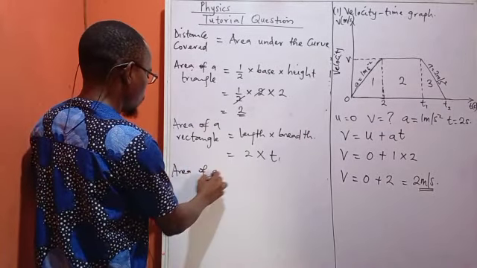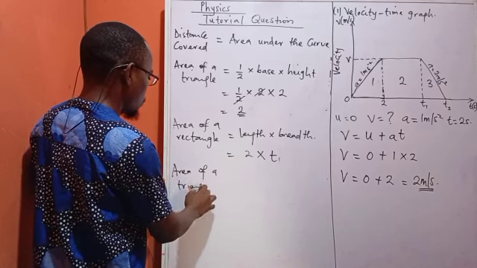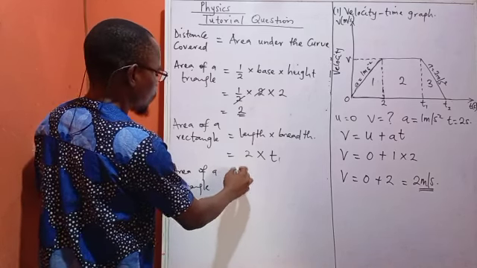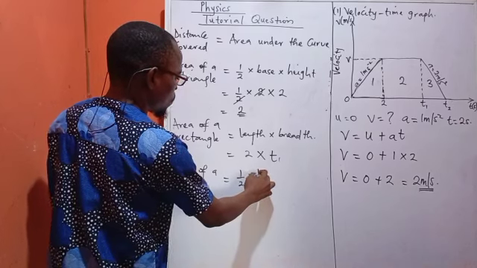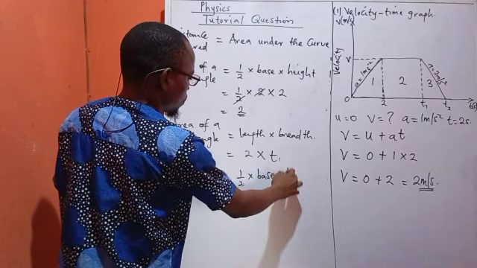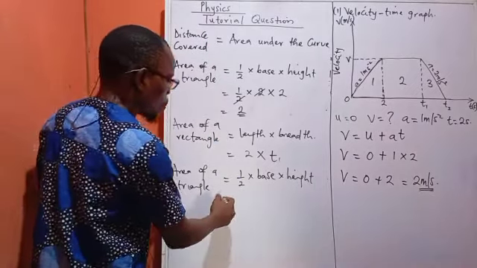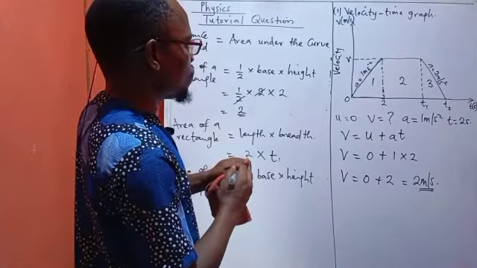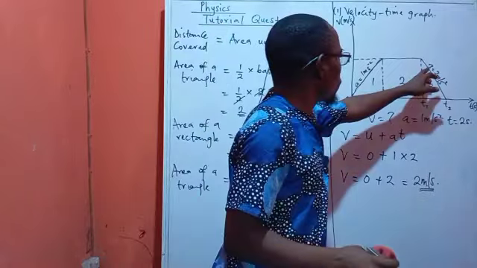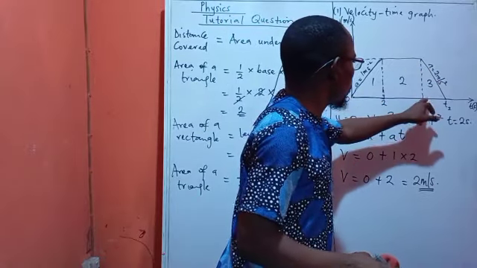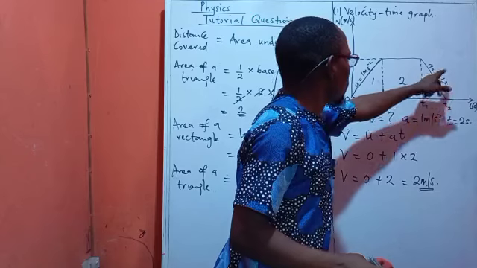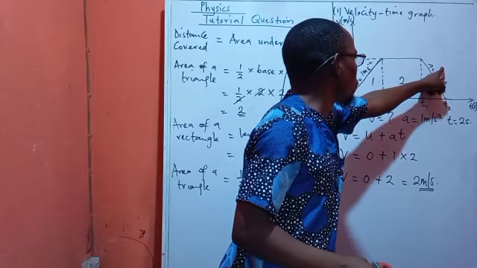Area of a triangle, which is the same thing as 1/2 times base times height. Okay. So looking at what we have here now, with this shape here now, we are given a retardation of what?